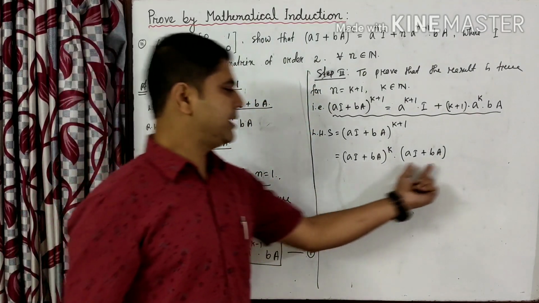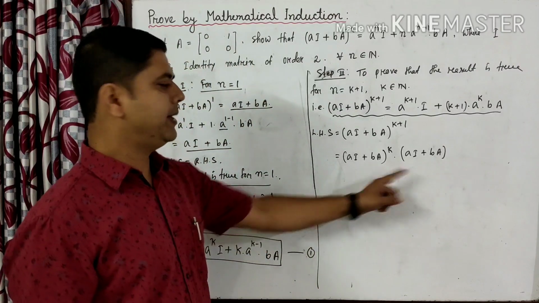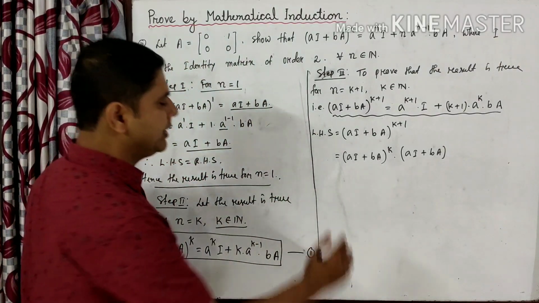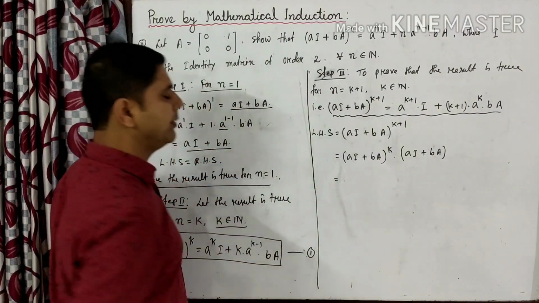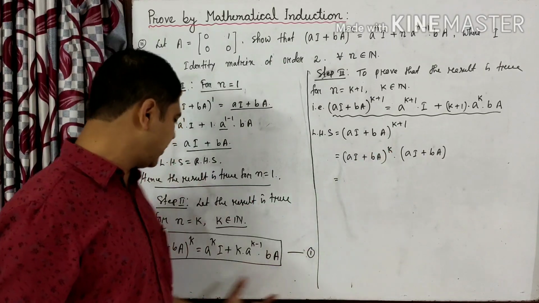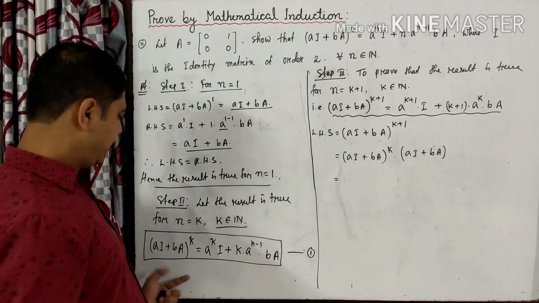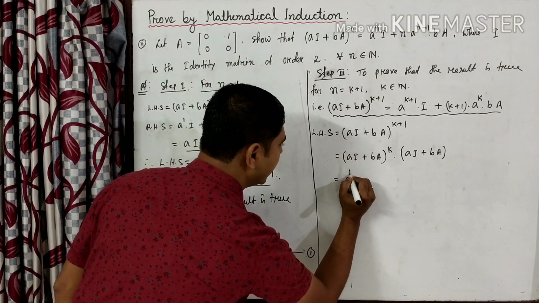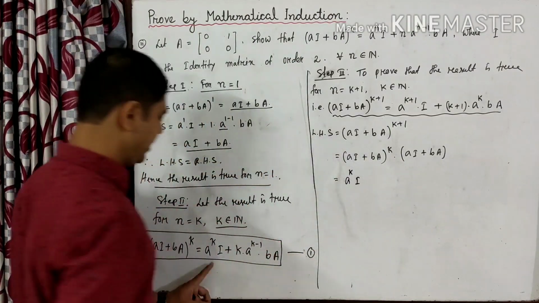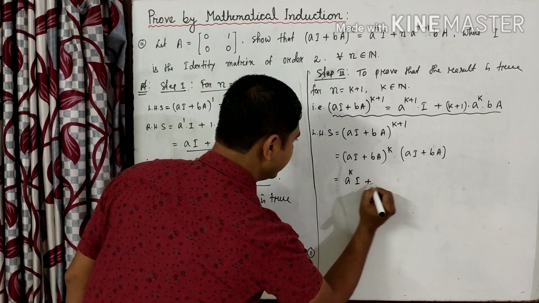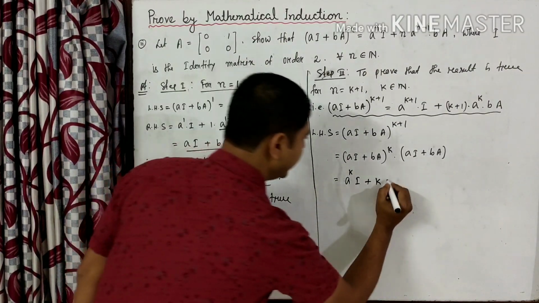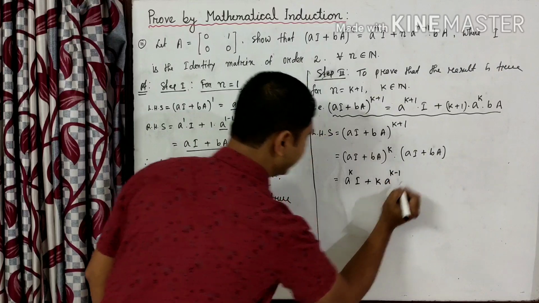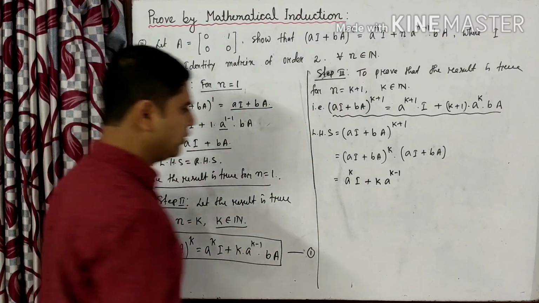The same base. From this part, what is the value of (aI plus bA) whole to the power k? With the help of equation 1 you can write a to the power k into I plus k into a to the power k minus 1 into what?